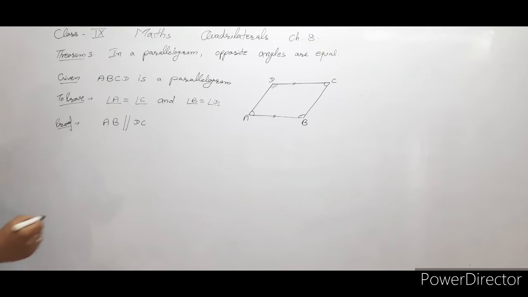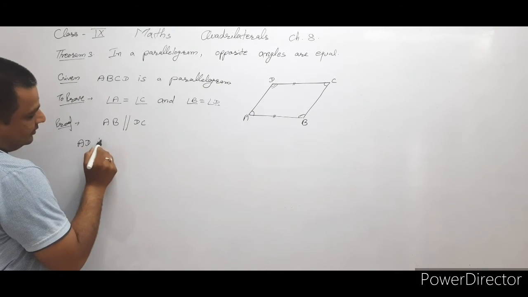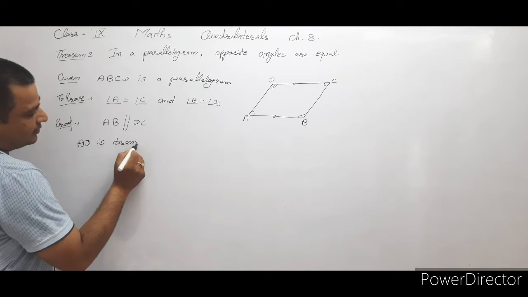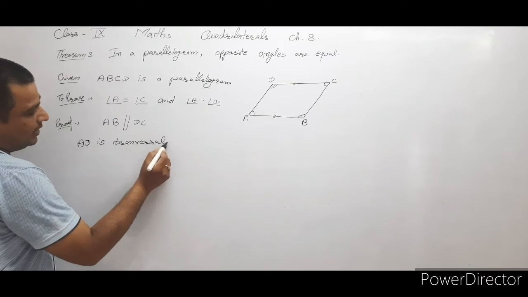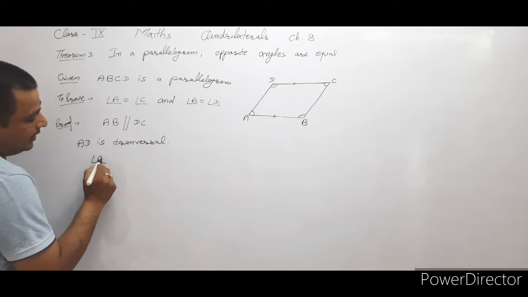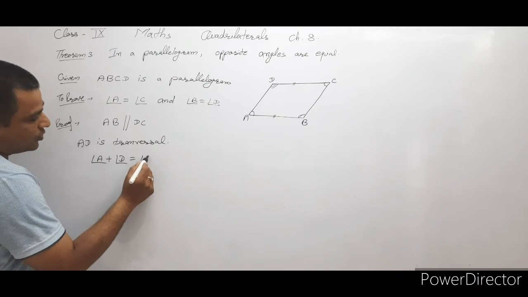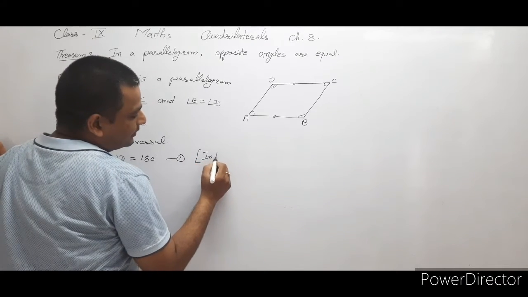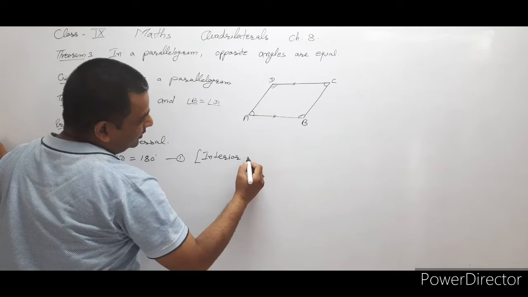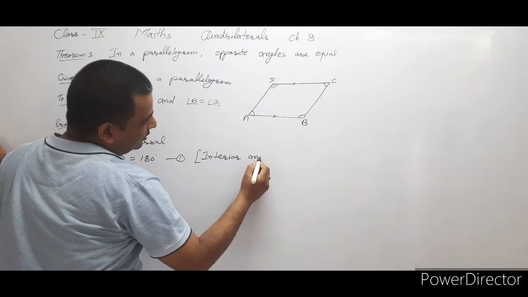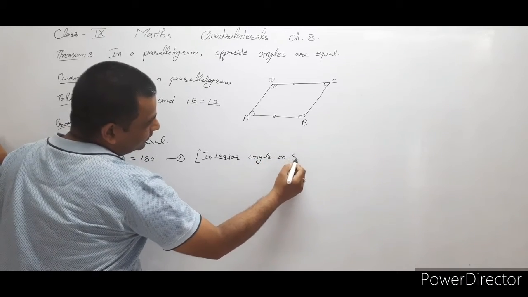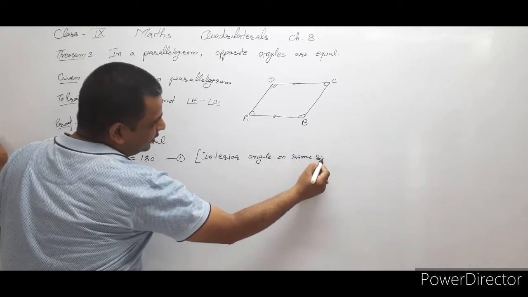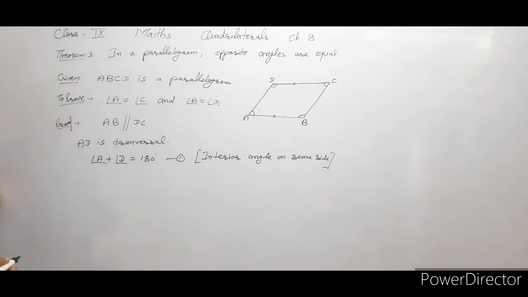And if AD is a transversal, then angle A plus angle D equals 180 because of interior angles on the same side. In chapter number 6, we studied about interior angles on the same side. So these two angles are interior angles on the same side of a transversal line. That's why the sum is 180.